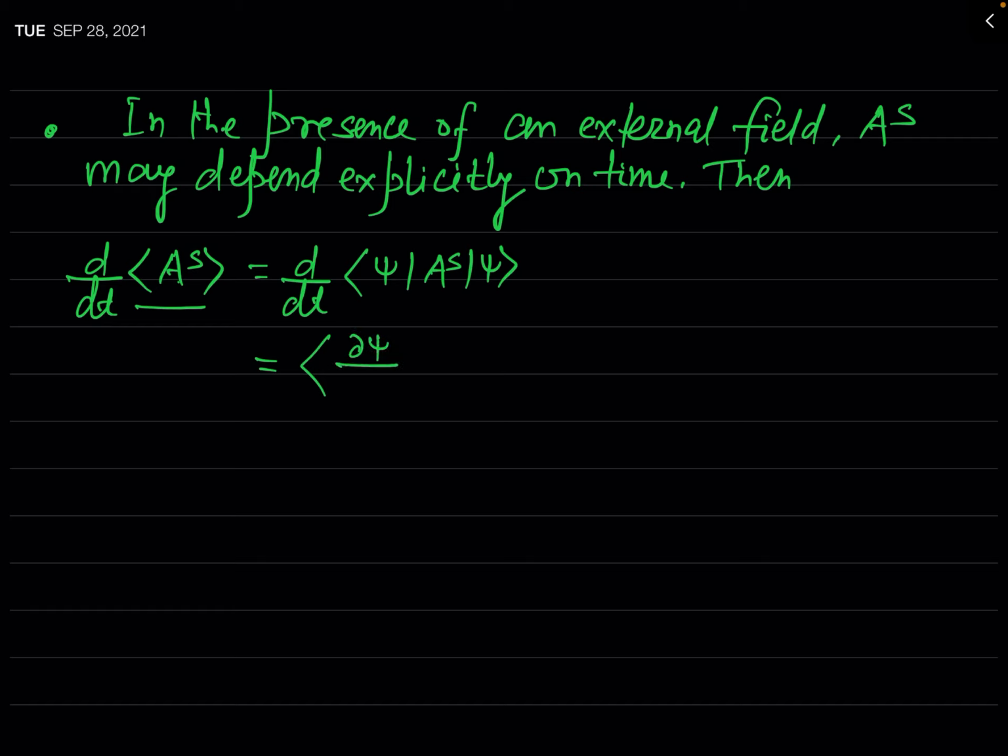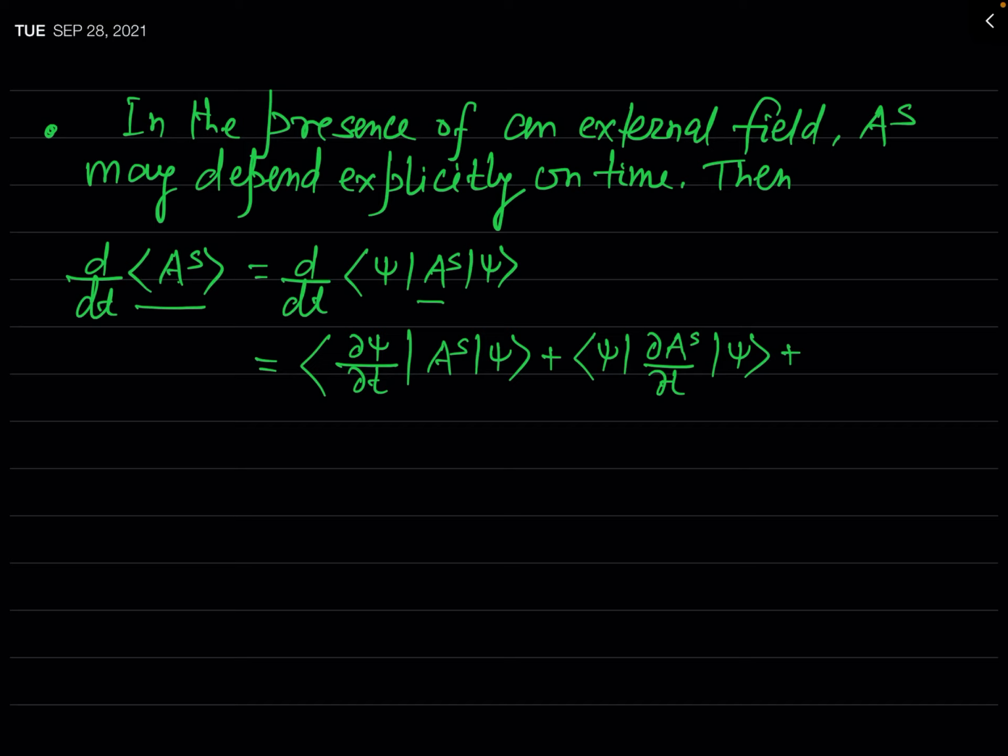So you will write this expression like this: del psi by del t, AS Ket psi, plus Bra-Psi del AS by del t Ket psi.